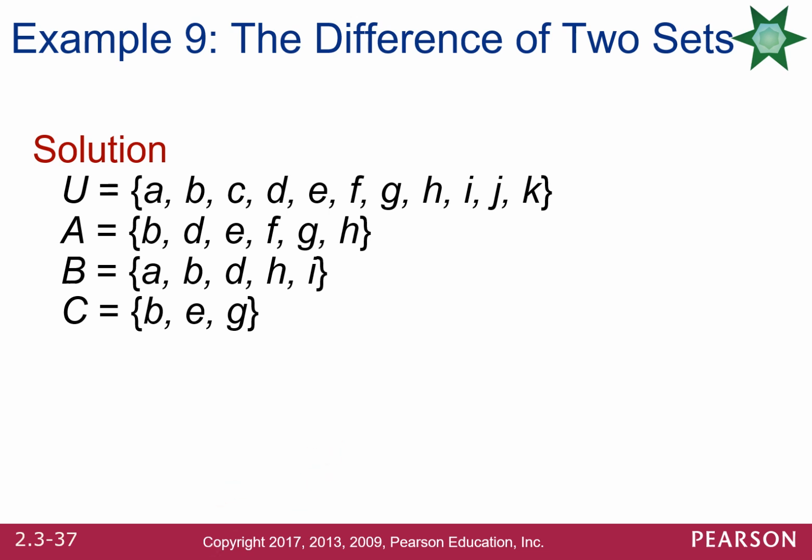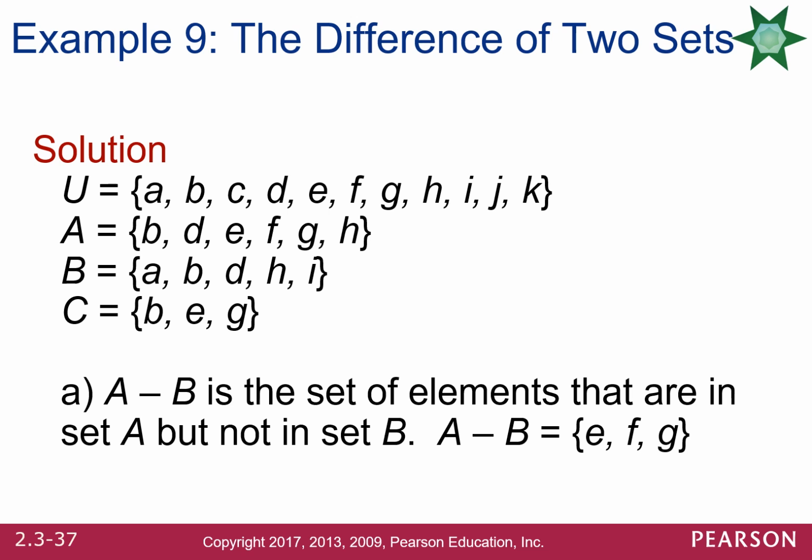So here we have the sets given to us, and we were supposed to find A minus B for the first part, and we were given the universal set, set A, set B, and set C, and we were supposed to find the difference between A minus B. So the difference would be the values in set A which are not in set B. All right, so A minus B is the set of elements that are in set A but not in set B.